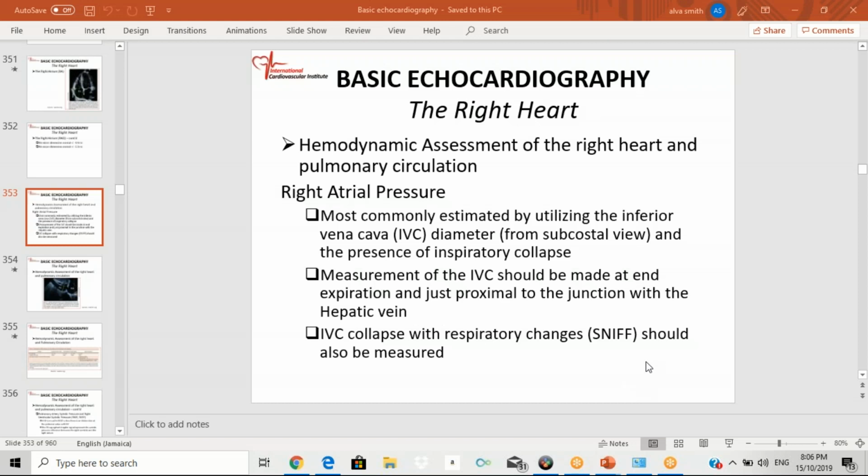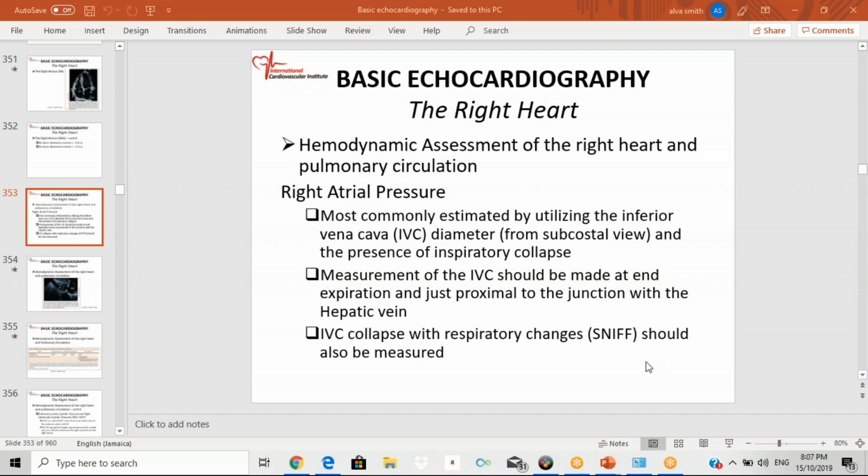The importance of that is because the left side of the heart cannot function unless the right side of the heart is doing its job. So you have to evaluate the right side of the heart.